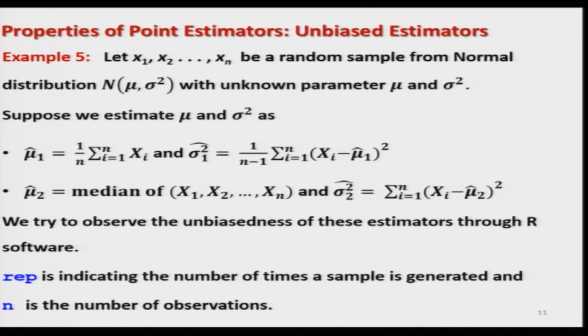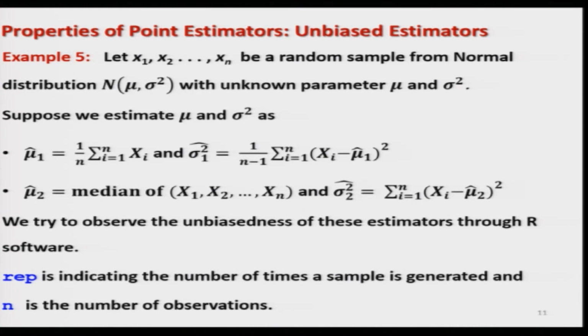Well, these results are based on simulation, and they will change from simulation to simulation, every time you conduct this experiment. But more or less the results are not going to change much, so that you cannot be confident in saying whether this estimator is biased or unbiased.